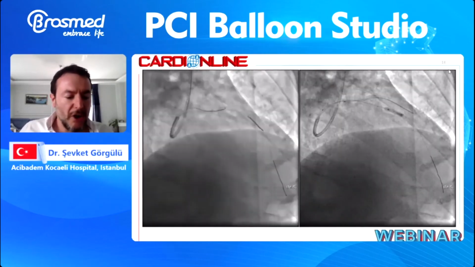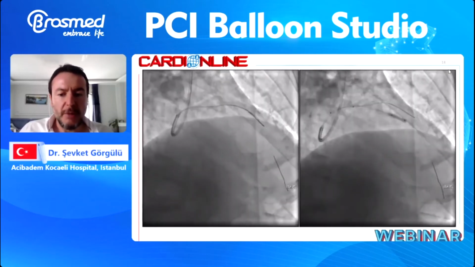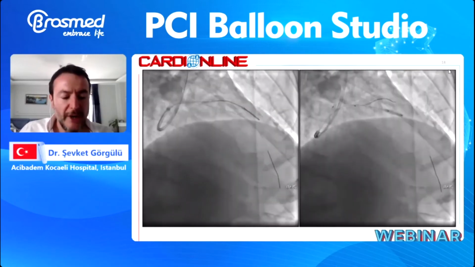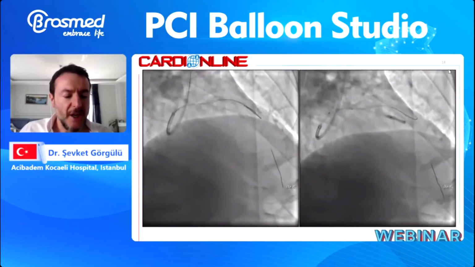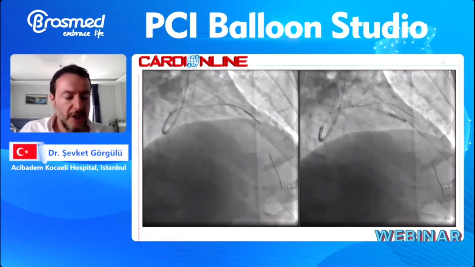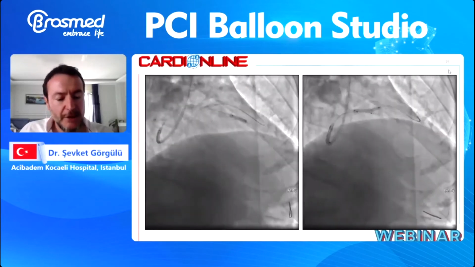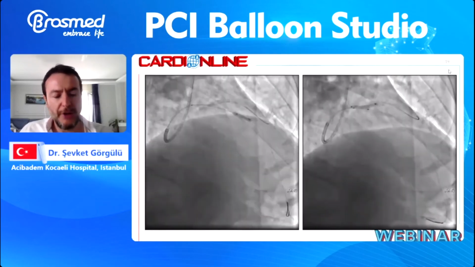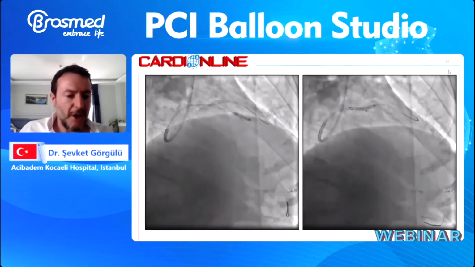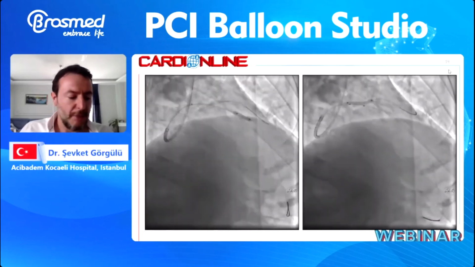Dividing the diagonal again, 2.2 by 20 millimeter balloon couldn't cross even with the anchor balloon, as you can see on the right panel. If you are doing complex cases, you should also be prepared for using CTO balloons. Here comes the 1.5 by 15 millimeter Artemis CTO balloon. It crossed with the help of the anchor balloon, and here you can see after the dilation and then the first kissing with 2 Artemis balloons.